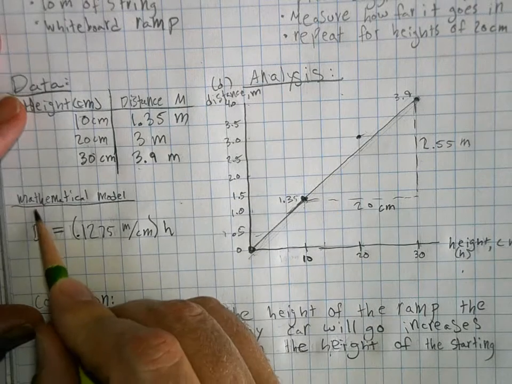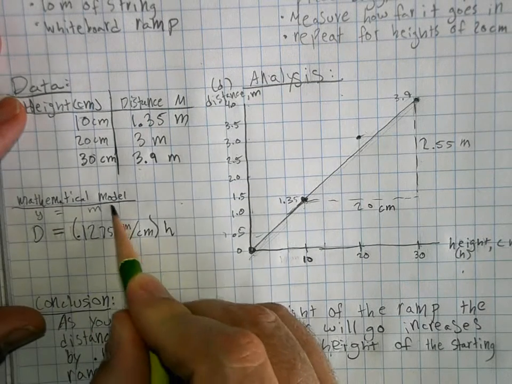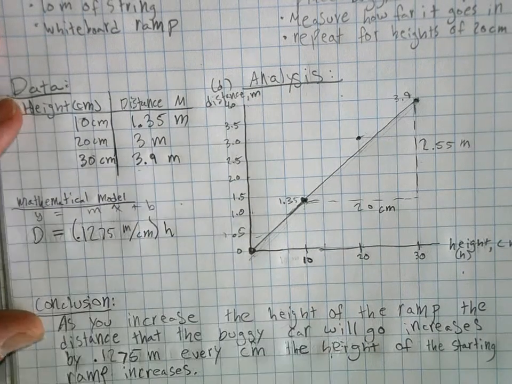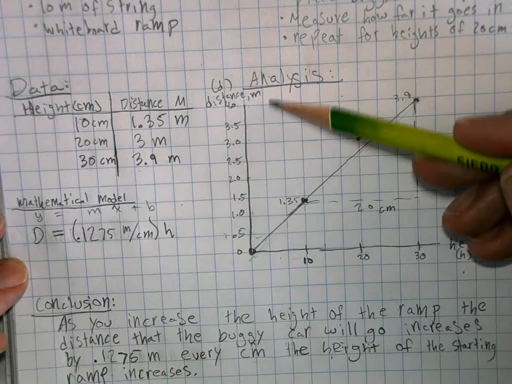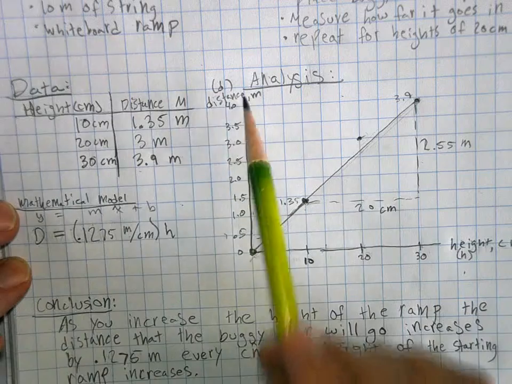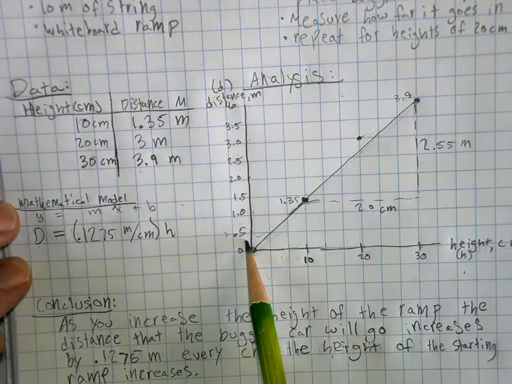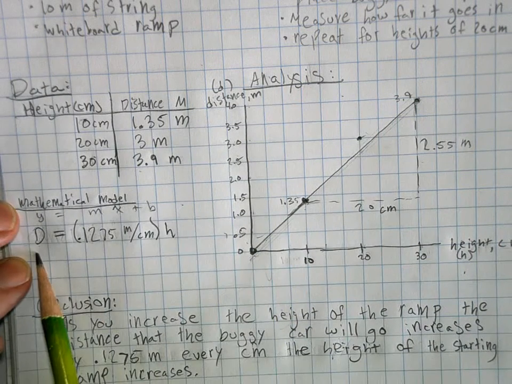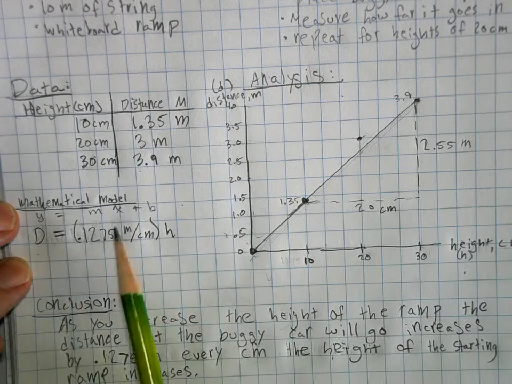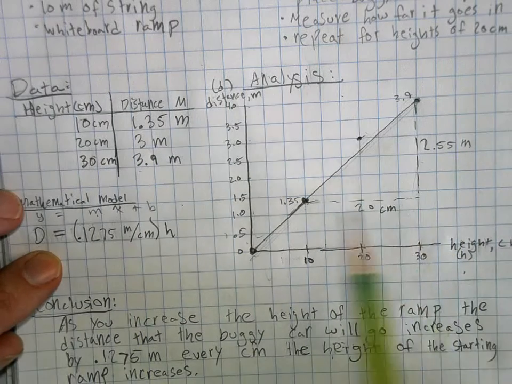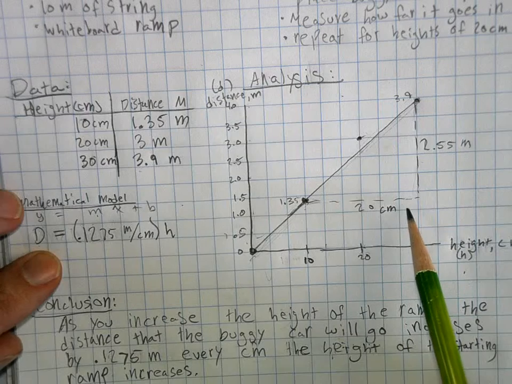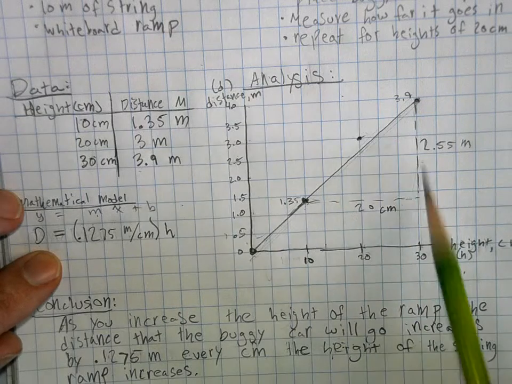It's the equation of a straight line. So if you say y equals mx plus b, well, y is what your vertical axis is. But instead of calling it y, this represents the distance your car traveled. So we'll call it d. And then this is the slope of the line. Well, he did a rise over run calculation. Remember, slope is rise over run? Pick 2 points, do a rise over run.